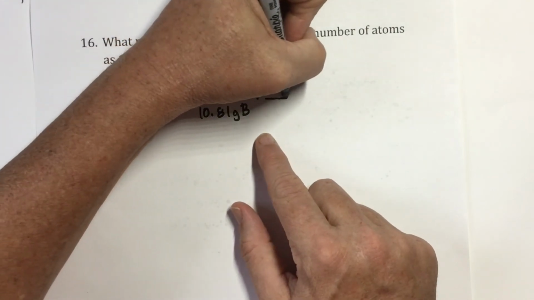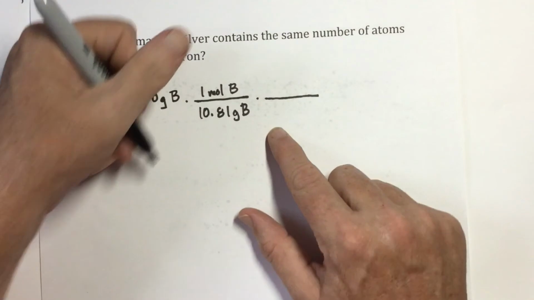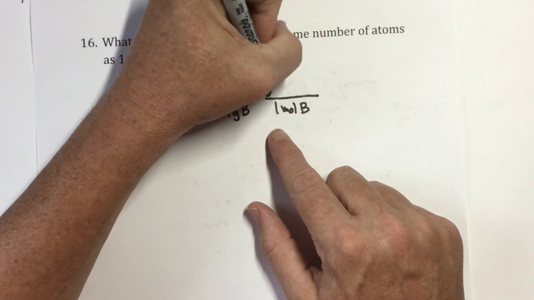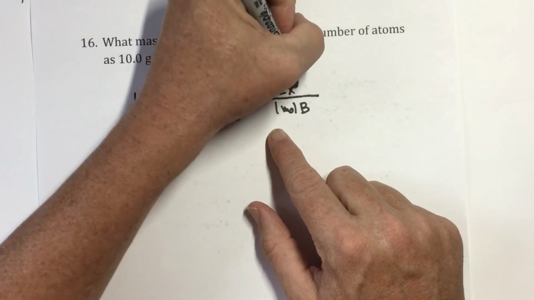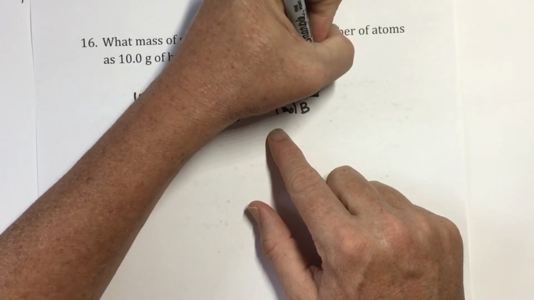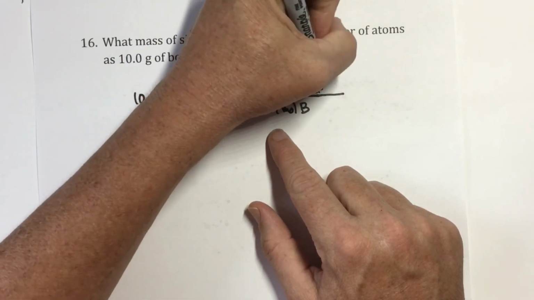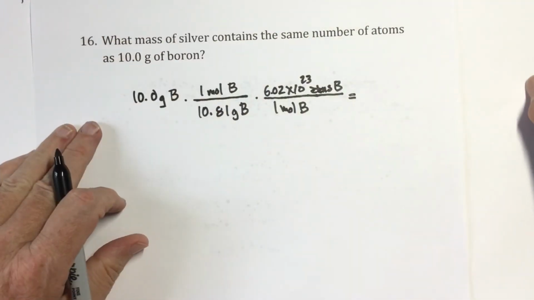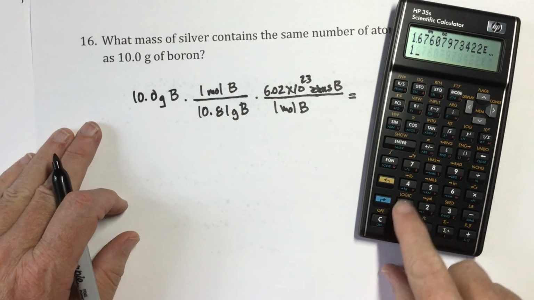What's more, I want to find out how many atoms that is, so I know that 1 mole of boron is 6.02 times 10 to the 23rd atoms of boron.